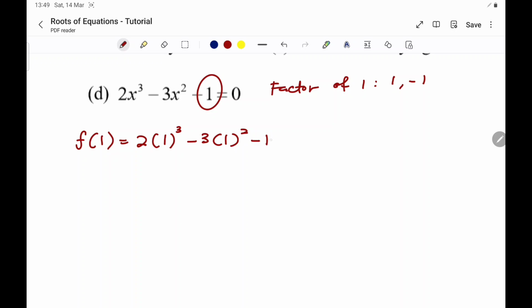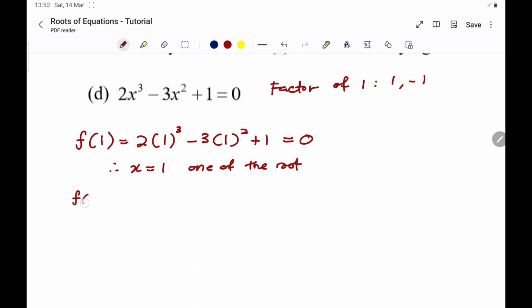Okay, you calculate this, you're going to get 2 minus 3 plus 1. Sorry, here it is not minus, it is plus. So you will get equal to 0. So right now you already know that x is equal to 1 is one of the roots.